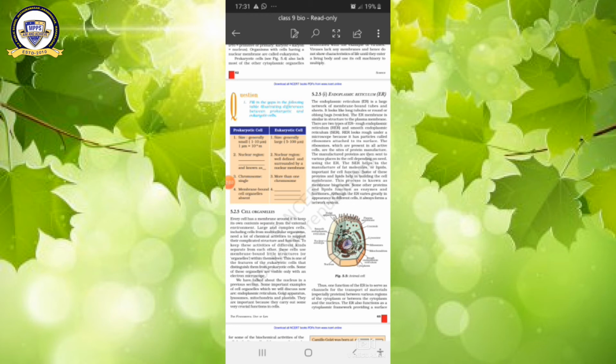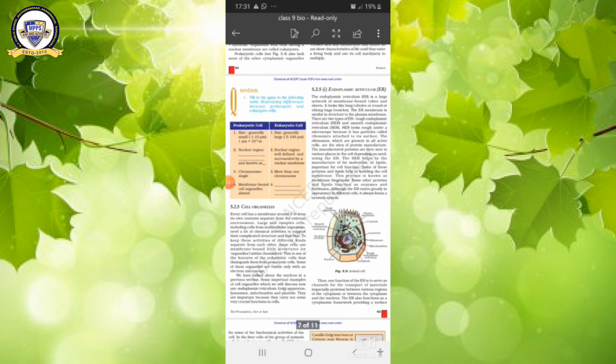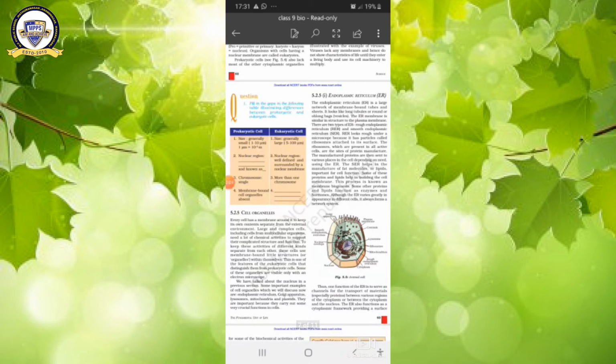RER looks rough under a microscope because it has particles called ribosomes attached to its surface. The ribosomes, which are present in all active cells, are the sites of protein manufacture. The manufactured proteins are then sent to various places in the cell depending on need using the endoplasmic reticulum.